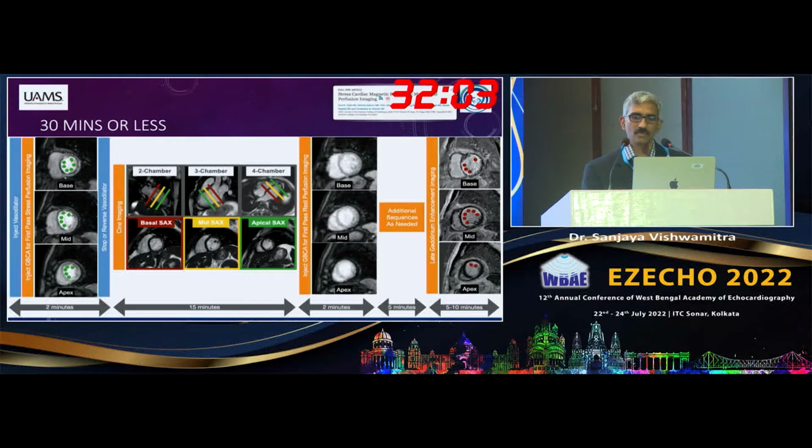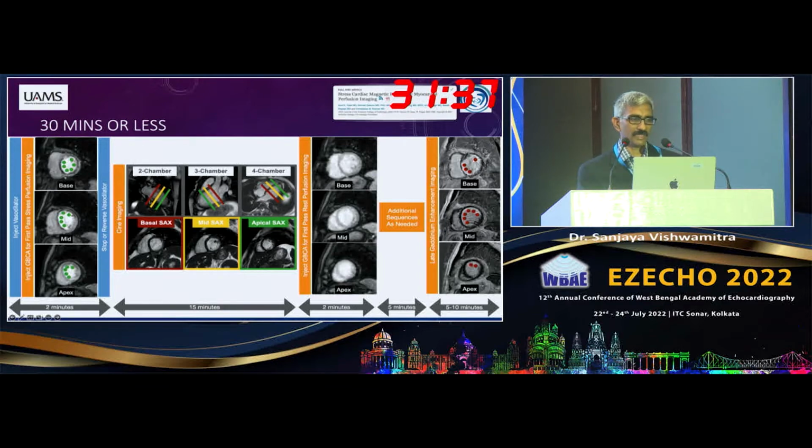In the past, most of our exams would take about 45 minutes to an hour, and we can pretty much shorten it to less than 30 minutes if we do focused examinations. Essentially, we are trying to get images from the apex to the base of the heart in these different chambers. These are very similar to echocardiography and nuclear medicine in terms of how you look at the plane.